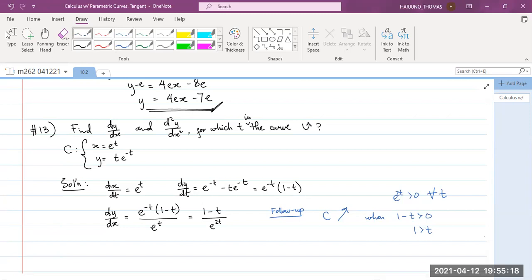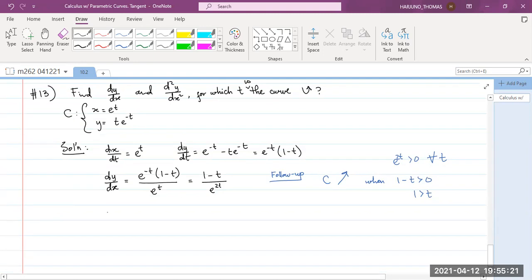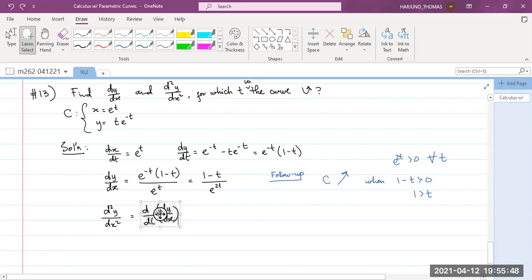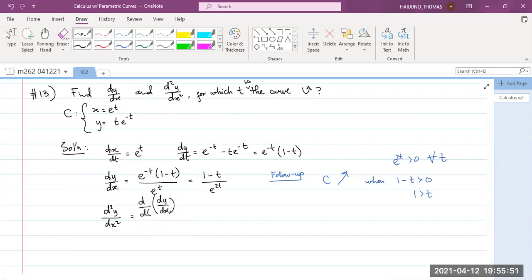Okay, next, how about the second derivative of y with respect to x? Now that is the derivative of dy/dx with respect to t divided by dx/dt.